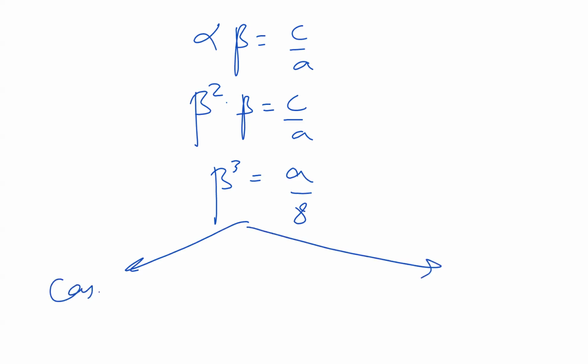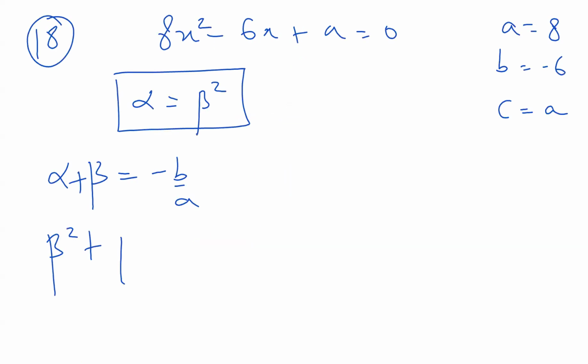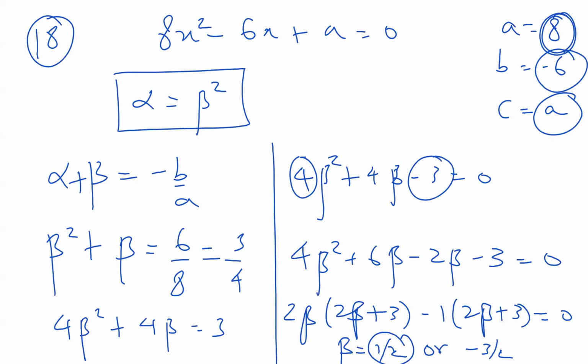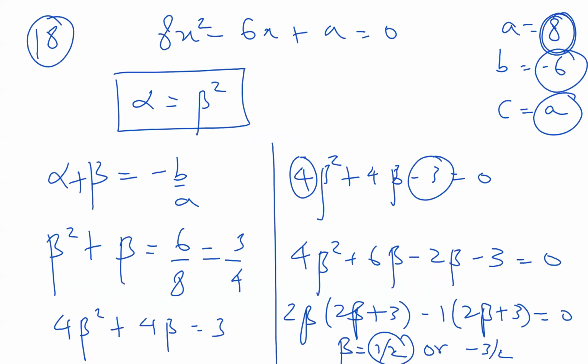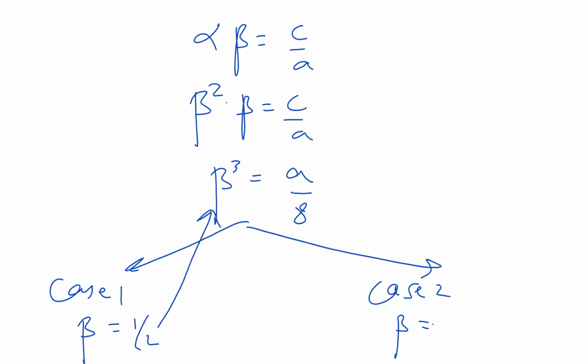Case 1: put beta equal to half here and calculate the value of a. Case 2: put beta equal to minus 3 by 2 here and get the value of a. That's how we have to solve and get the value of a.